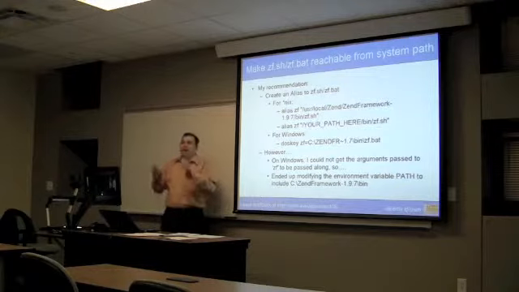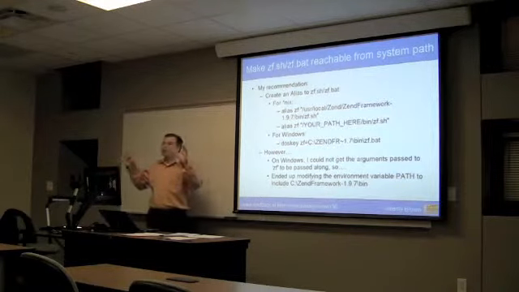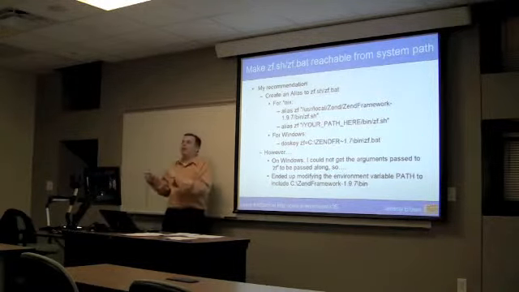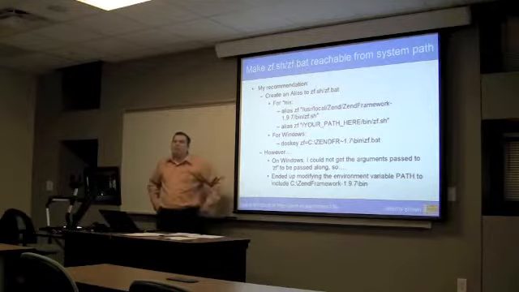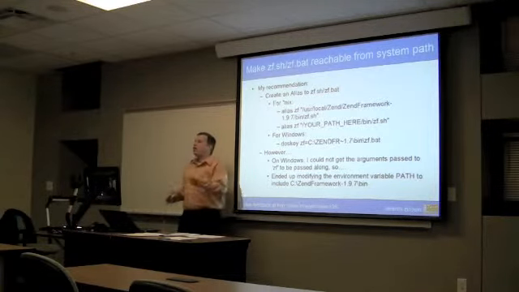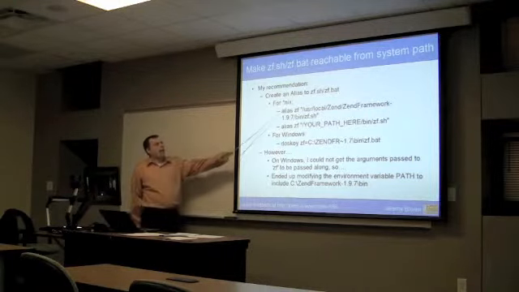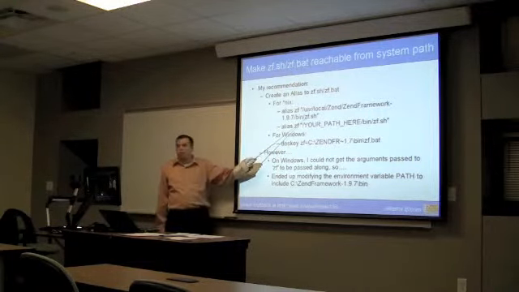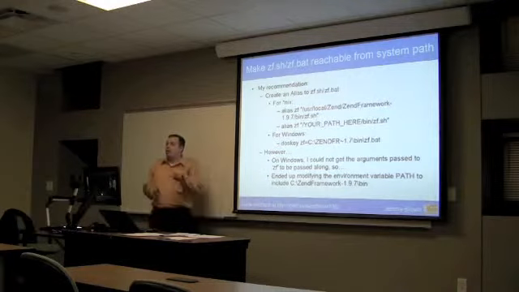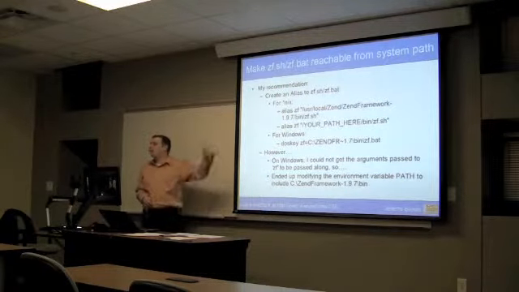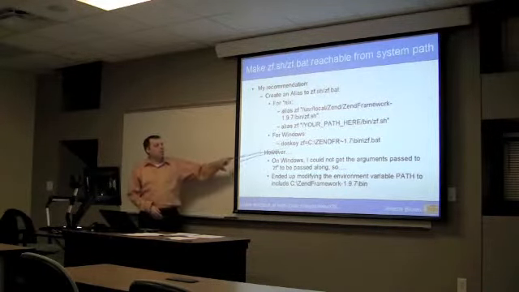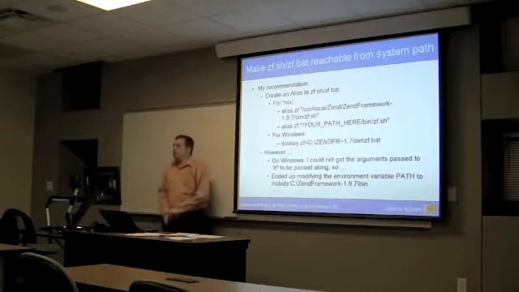I'm a purist. I think things should stay where they're supposed to stay. I don't like the idea of polluting my PHP install with some other files just so I can achieve some functionality. So I like using aliasing. I can alias the zf command to the actual file that I want. So that way on a command line, when I type zf, it knows where to go find it. And if I'm on Windows, this is the command I should use.